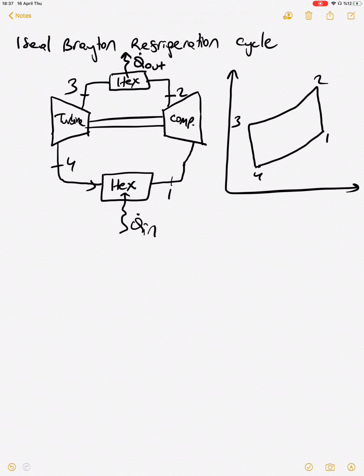And here, this is our example. We have an ideal Brayton refrigeration cycle, and air is the working fluid. So it enters the compressor of an ideal Brayton refrigeration cycle at 100 kilopascal and 300 Kelvin.